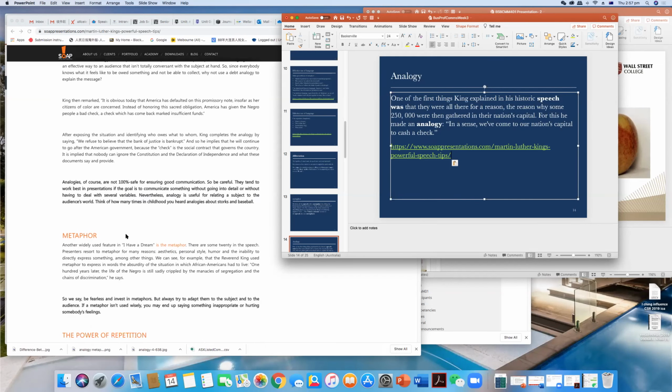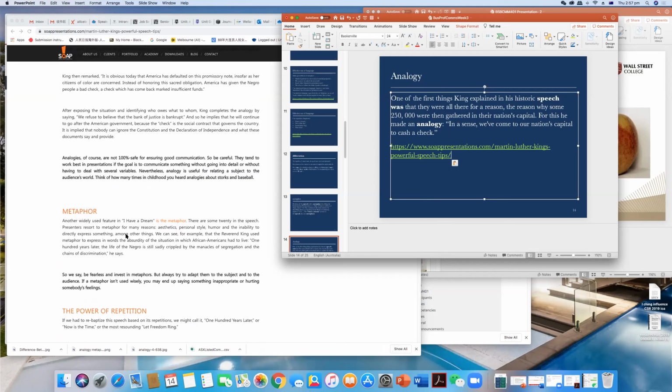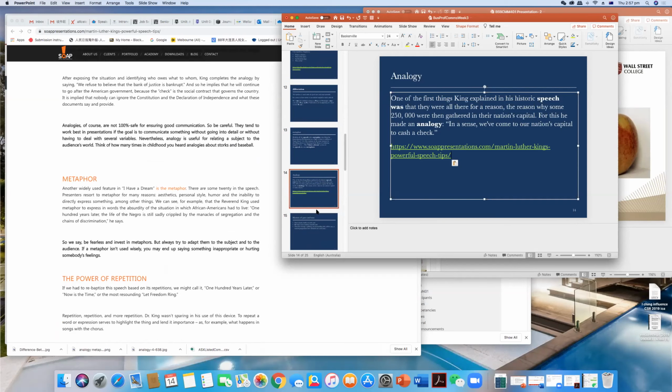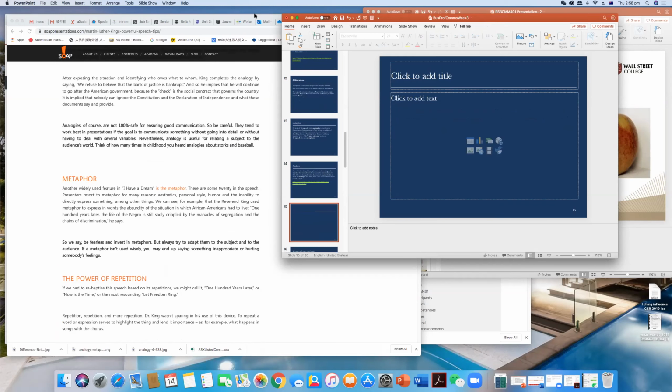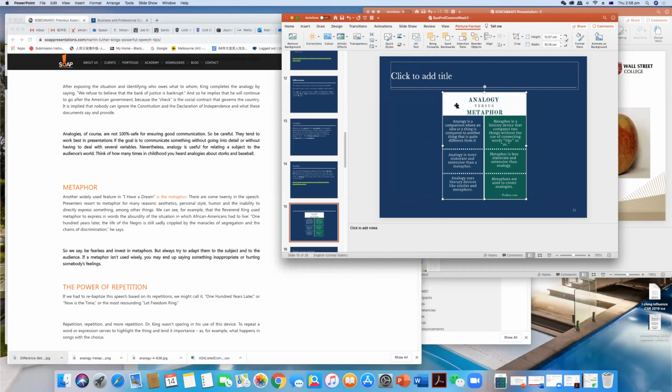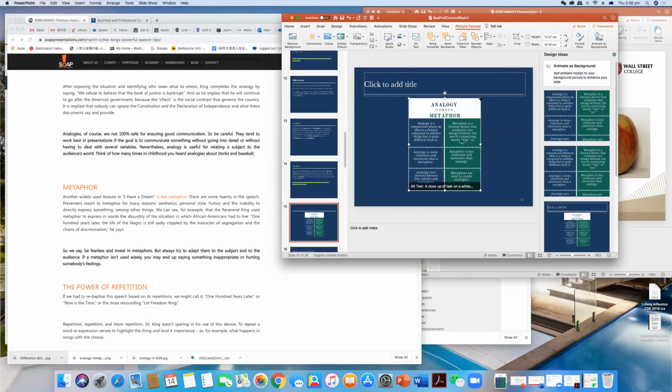And the metaphor is similar, but they are different. I know now you will have a question. And maybe I will explain the similarities and differences here.